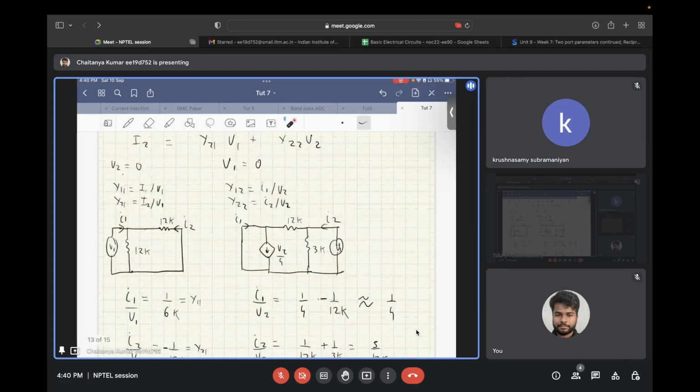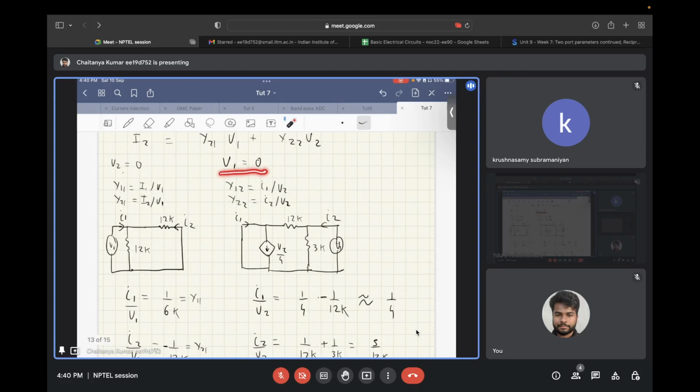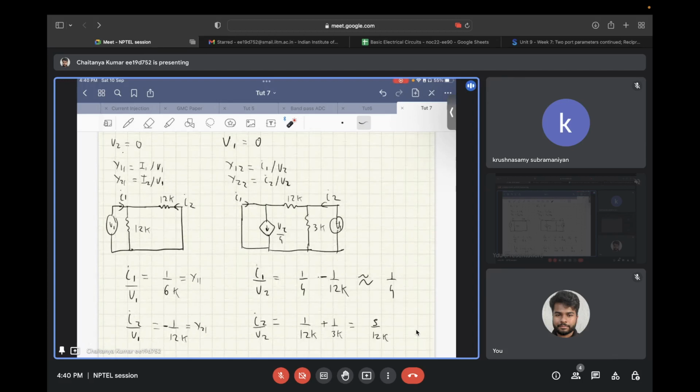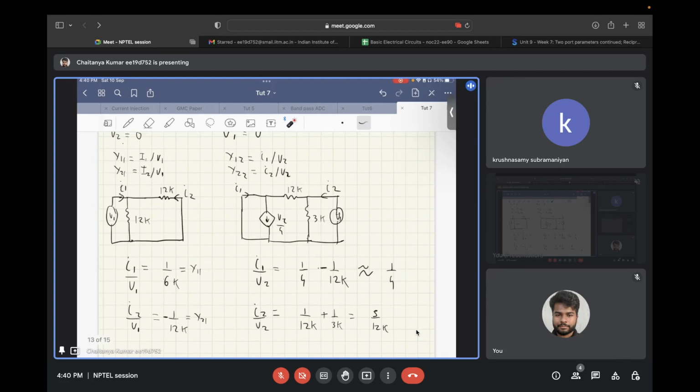Similarly, for the other port, we short circuit V1 and get V1 equal to 0. Since no voltage is developed across this complete branch, V1 is basically in parallel to this 12 kilo ohm resistance. What we have is the 3 kilo ohms and this 12 kilo ohm in parallel to each other, so I2 by V2, that is Y22, will be the parallel combination of these two.